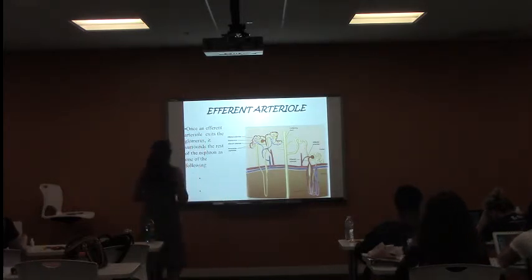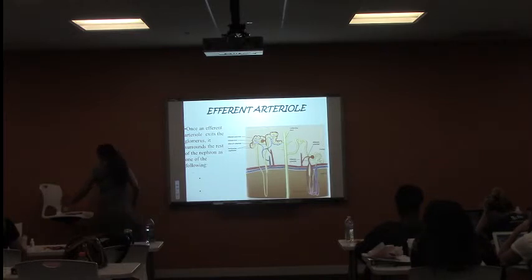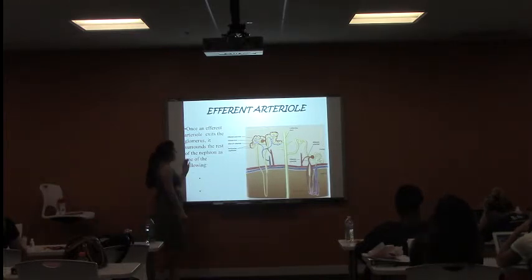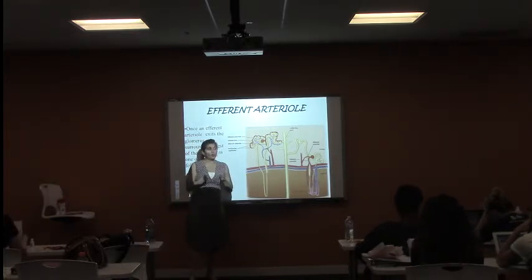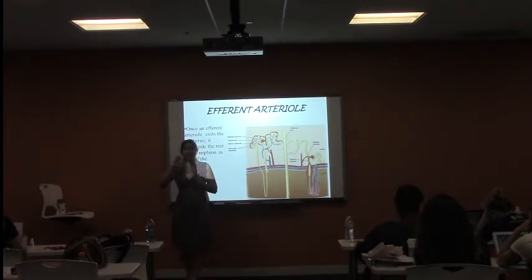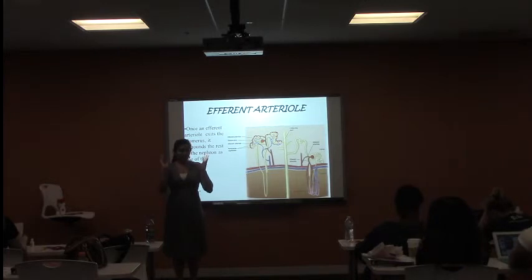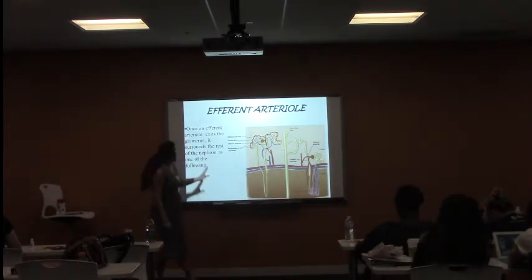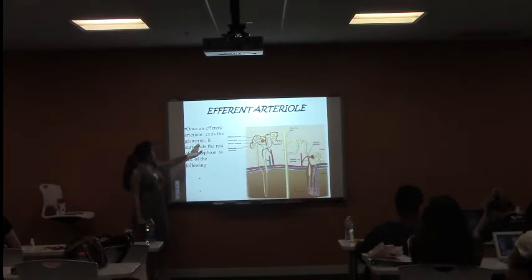Keeping that concept in mind. Okay. Once the efferent arteriole leaves the glomerulus, it will now surround the entire nephron, but not as arterioles anymore, because arterioles turn into capillaries. So as soon as an efferent arteriole exits the glomerulus, it surrounds the rest of the nephron as capillaries.